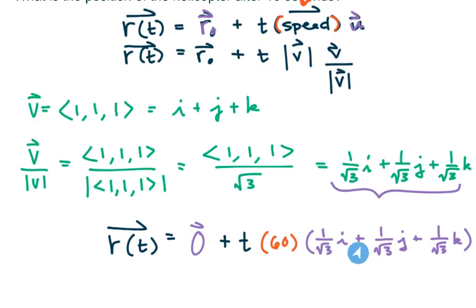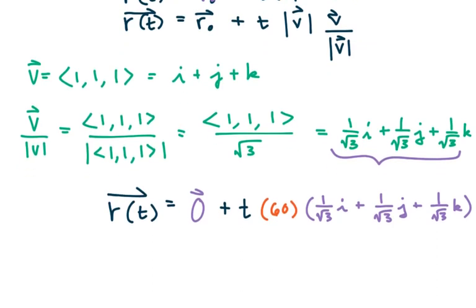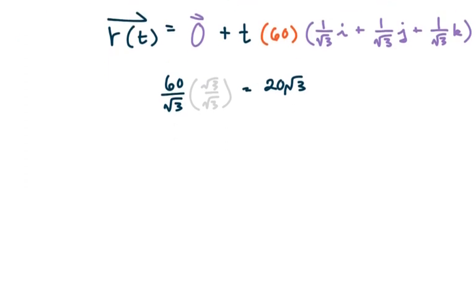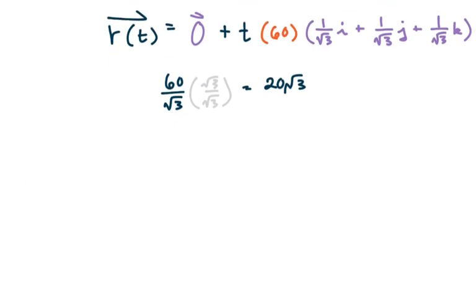Now, since all of these terms have a 1 over root 3, I'm going to factor that out. That's 60 over root 3. And if I rationalize that, multiplying by root 3 over root 3, that simplifies to 20 root 3. So what we have here is r of t.